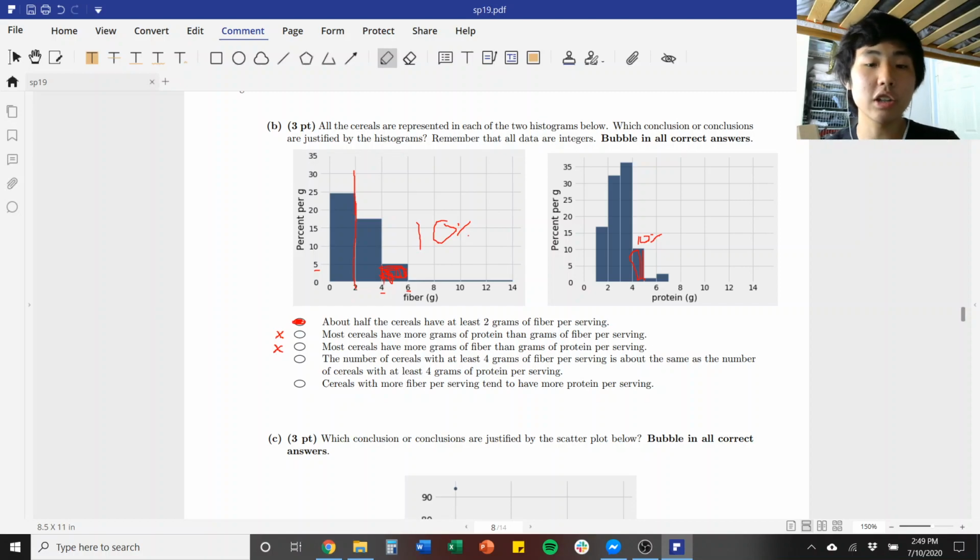So I would say it's close enough that we can call it a very similar amount. Okay. And then lastly, cereals with more fiber tend to have more protein. This is not a valid conclusion. We can't say anything just based on the fiber content about how much protein we would expect it to have.